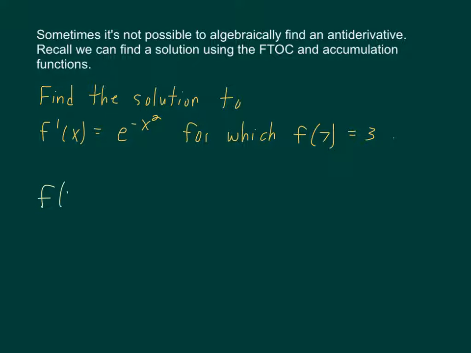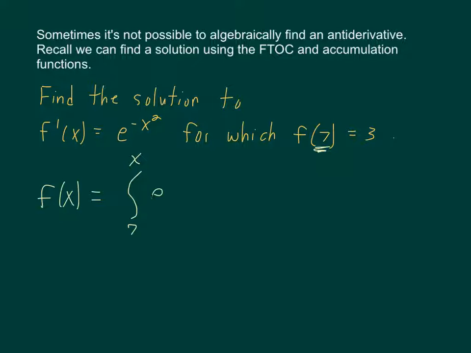So to find f of x, we know that an antiderivative will wipe out a derivative. So to get f, I can just take the antiderivative of f prime. So if we do that, recall this is where we said we're going to take the x value and make it our lower bound, and then we're going to put an x up here as our upper bound.